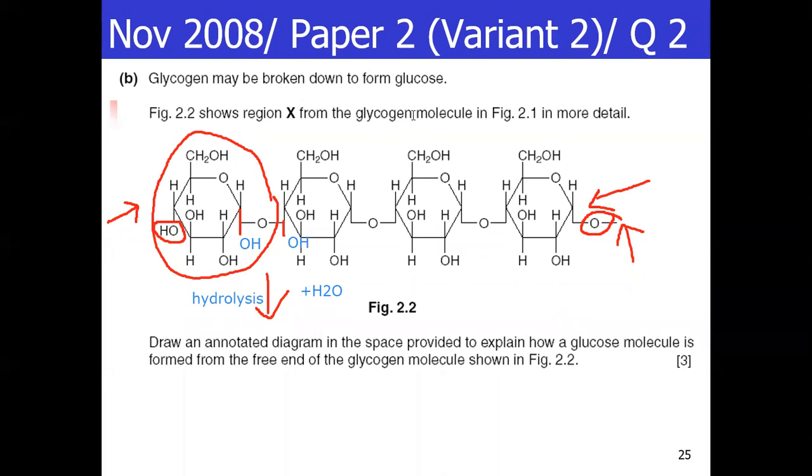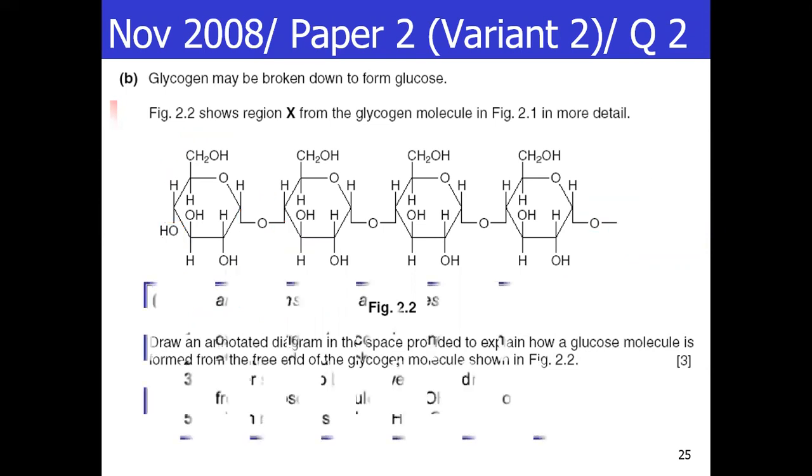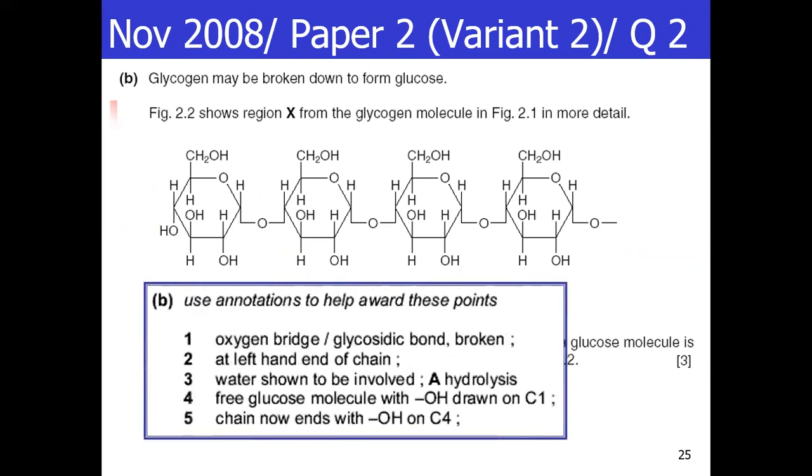So let us see whether we can score full marks or not based on the mark scheme. I'm trying to remove my drawing, but I can't. Okay, next. So first marking point, oxygen bridge or glycosidic bond is broken. Show in your drawing, annotation.